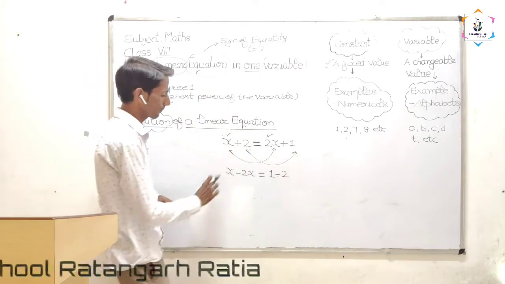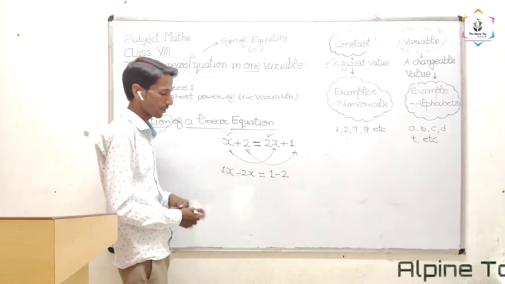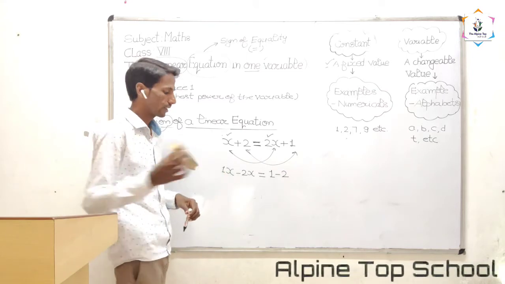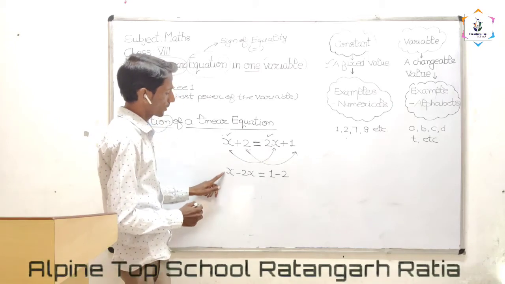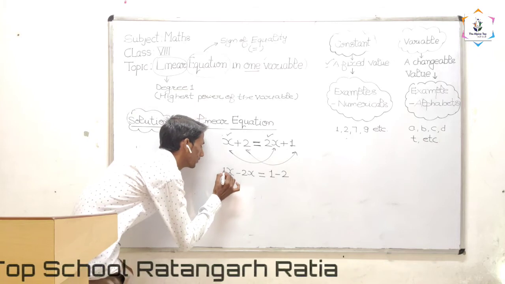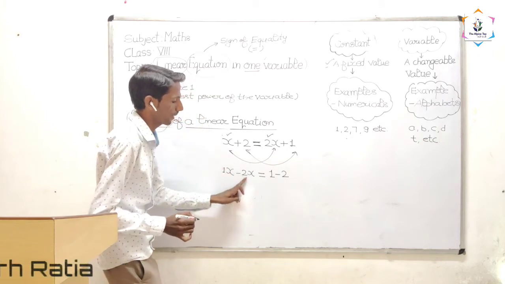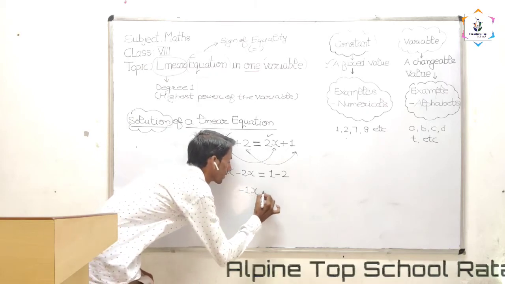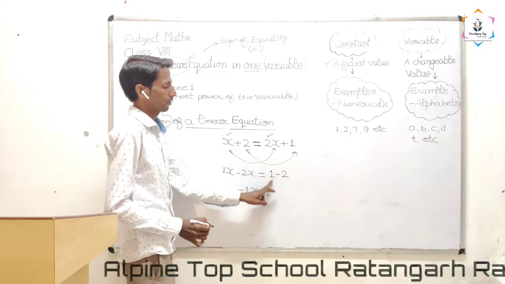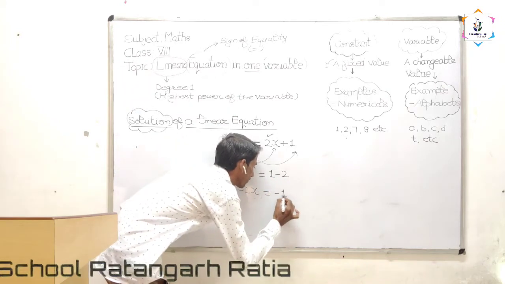Now do the calculation. The coefficient of x here is 1, that is understood, because 1 into x is here. Now we can do the calculation. Here positive 1 and minus 2: plus 1 minus 2 gives minus 1, so minus 1 x, we can say that. Now 1 minus 2, the calculation is minus 1.